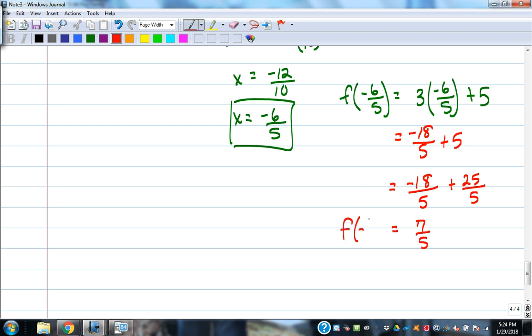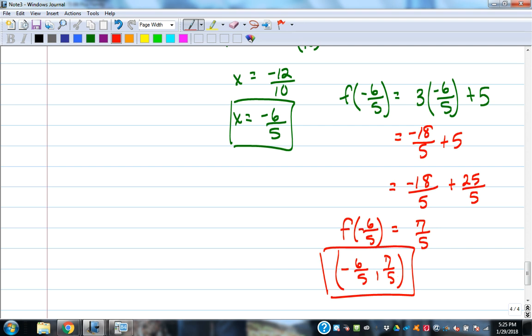So f of negative 6 over 5 is 7 over 5. So they're intersecting at negative 6 over 5, 7 over 5. That's doing it algebraically, which is maybe the best way to do it because you get an exact solution of where they're crossing.